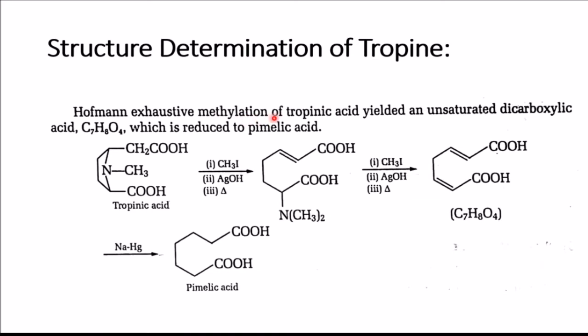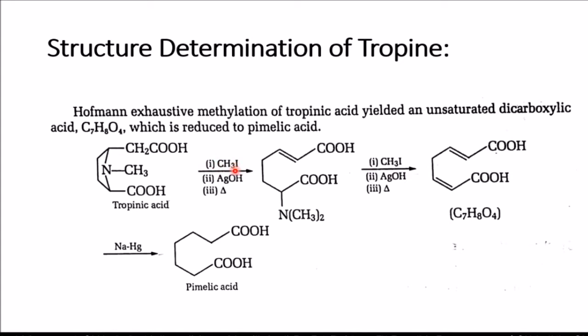The Hofmann exhaustive methylation of tropinic acid yielded an unsaturated dicarboxylic acid, that is C7H8O4, which is reduced to pimelic acid. So this is tropinic acid, and we performed Hofmann exhaustive methylation, that is the treatment with methyl iodide followed by silver hydroxide.